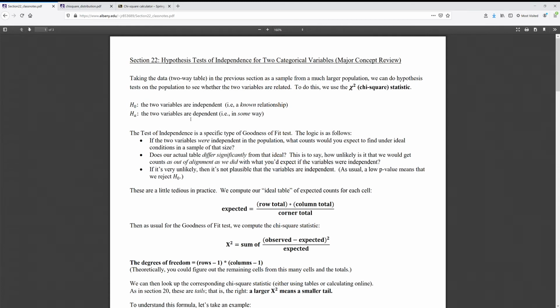HA is that the two variables are dependent, that they are related in some way to some degree, something other than having absolutely nothing to do with one another, a very plural kind of thing, not the kind of thing you can assume for the purpose of running the numbers. Again, if they have nothing to do with one another, then you understand the relationship between them, and you can run the numbers based on that.